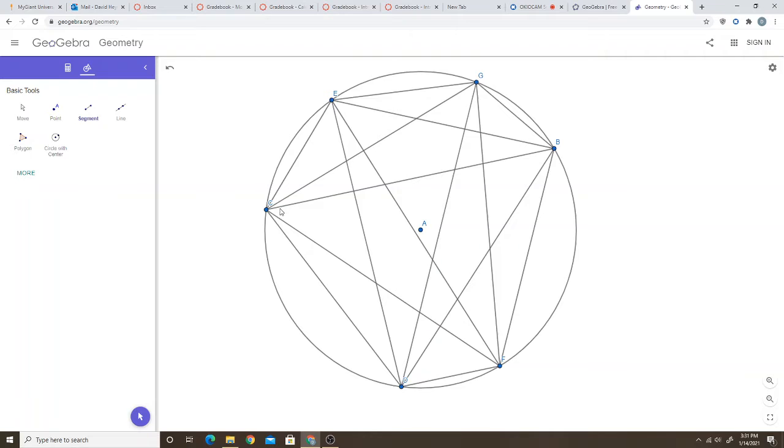Holy schmoly. I'm going to try to count all the ones above this line right here. So I've got 1, 2, 3, 4, 5, 6, 7, 8, 9, 10, 11, 12, 13, 14, 15. And then down here, 16, 17, 18, 19, 20, 21, 22, 23, 24, 25, 26, 27.